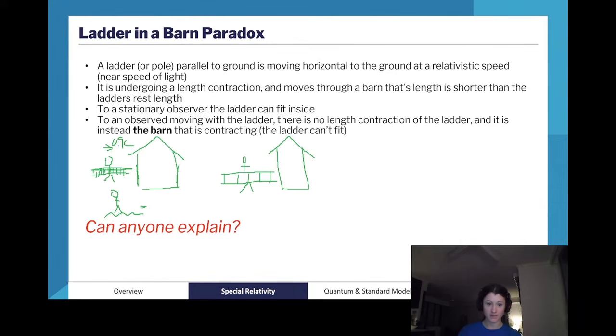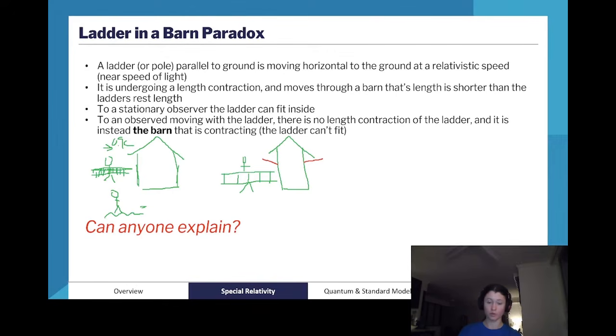is they see this door opening. Then while they're inside the barn, this door is opening, right?